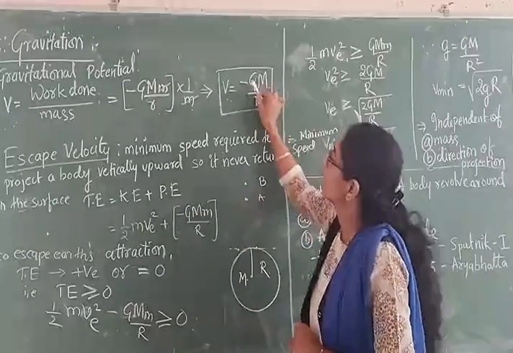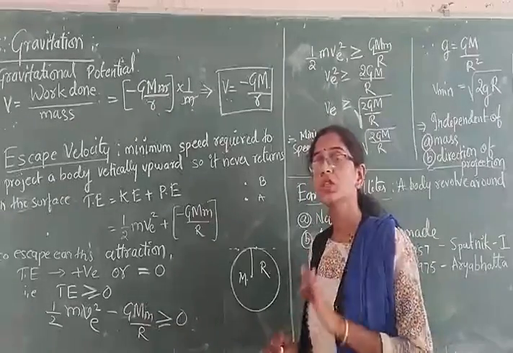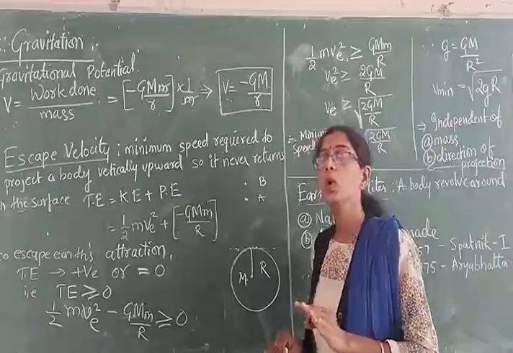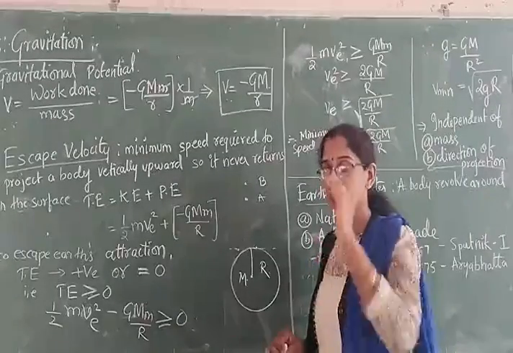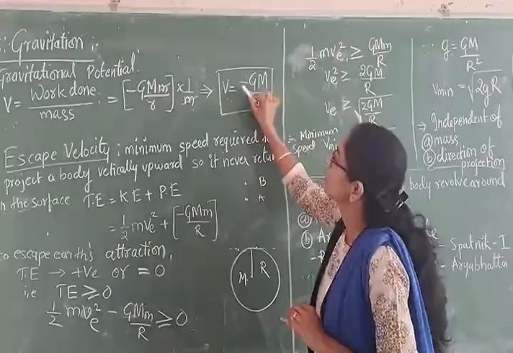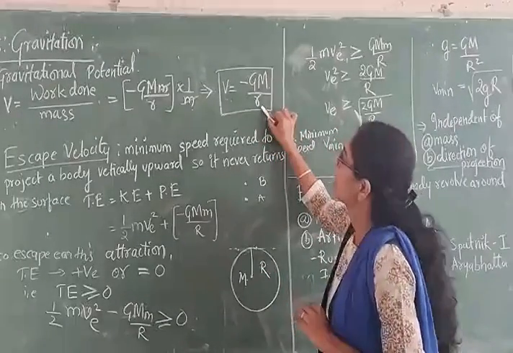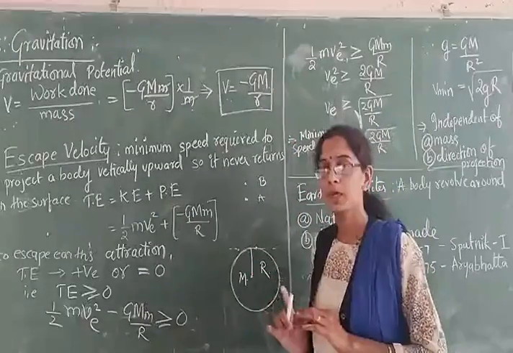Again we are getting a negative sign, which indicates that the gravitational potential value will decrease as we go towards the surface of the earth. So V is equal to minus GM upon r. It doesn't depend upon the mass of the object at that particular point.